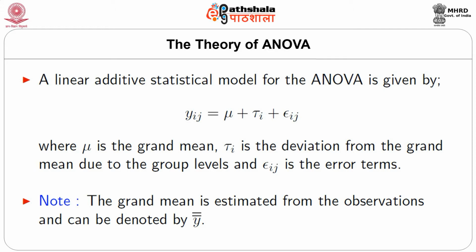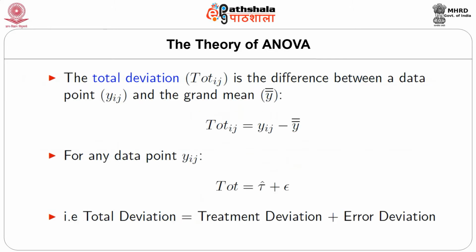Note, the grand mean is estimated from the observations and can be denoted by y double bar. The total deviation tot ij is the difference between a data point yij and the grand mean y double bar. Tot ij equal to yij minus y double bar.